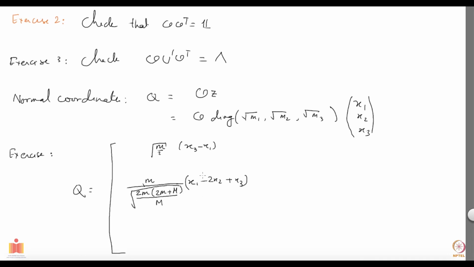Let's check dimension wise. This and this piece have same dimensions, and here it is a square root of M, so we should have a square root of M here as well. Now see, this is M times m, so m square divided by mass, it becomes m. So there is a mass in the square root and there is a mass in the numerator. Okay, and so this works out.